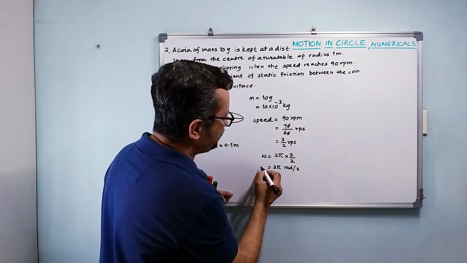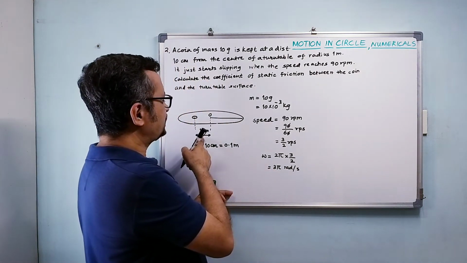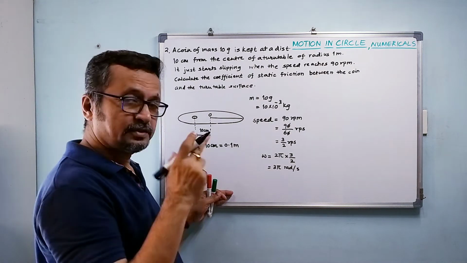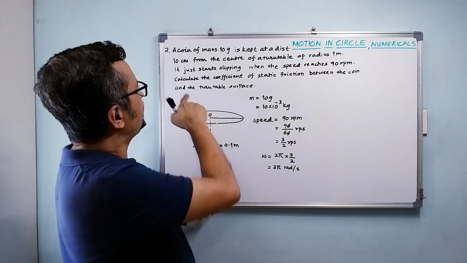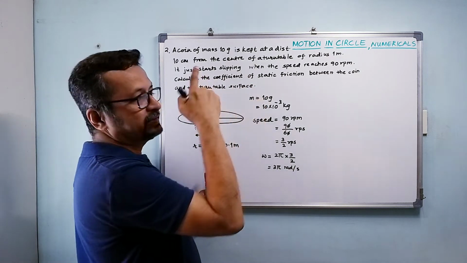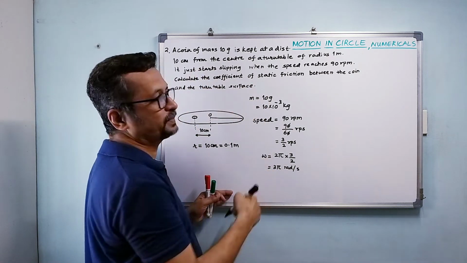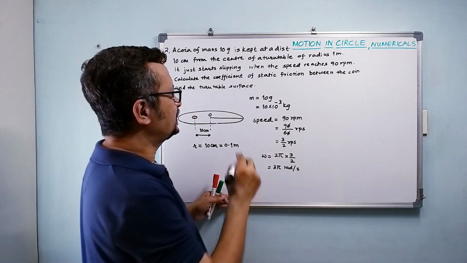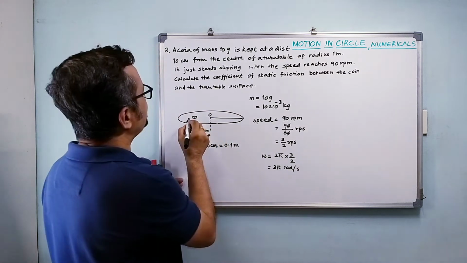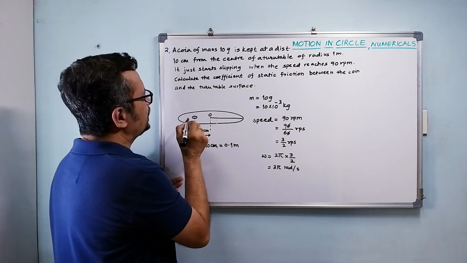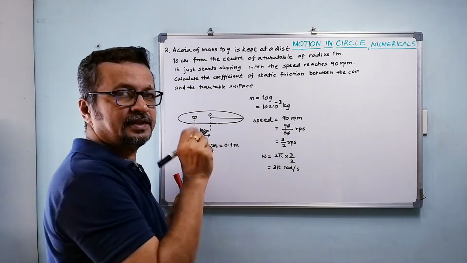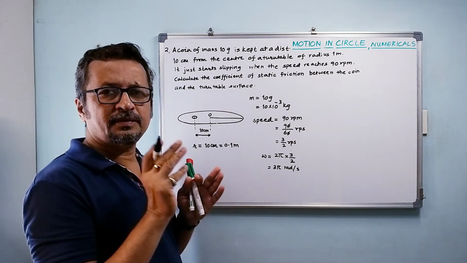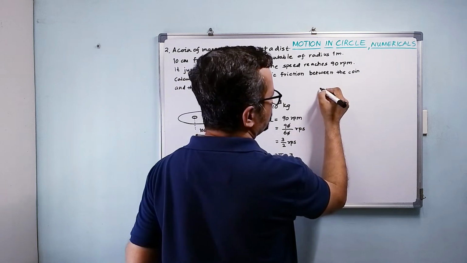Now we have omega, we have the radius of circular motion, and they say it starts slipping at this speed. So what does this mean? This means that, when this coin is placed here, the coefficient of friction is mu, and what is going to be the force of friction?